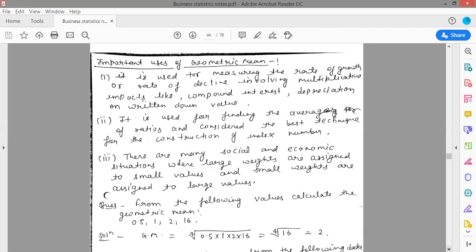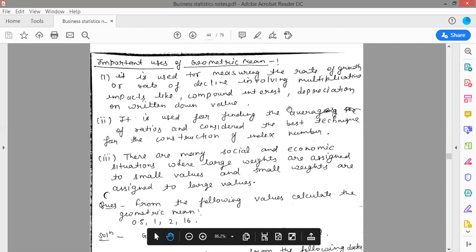Next one is important uses of geometric mean. So what are the important uses of geometric mean? First one, it is used for measuring the rate of growth or rate of decline involving multiplicative impacts like compound interest, depreciation on written down value. So this is your first use.